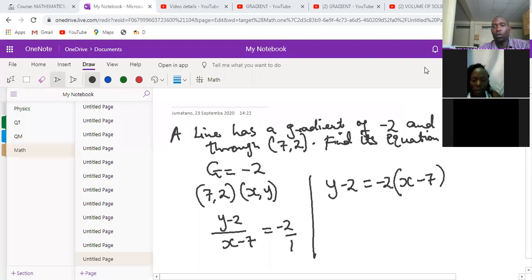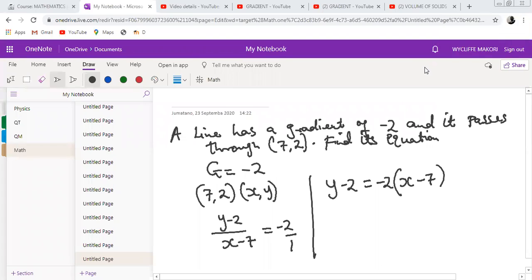So if you cross multiply, you get this. Therefore, if you open the bracket on the other side, you are going to find that y minus 2 is equal to -2x. Negative and negative will be positive. 2 times 7 is 14. Therefore, y will be equal to -2x plus 14 plus 2.